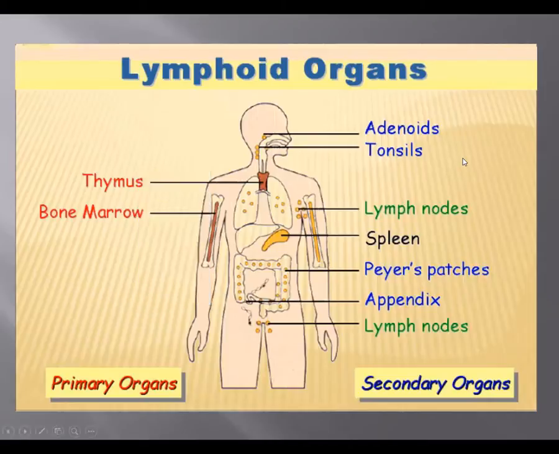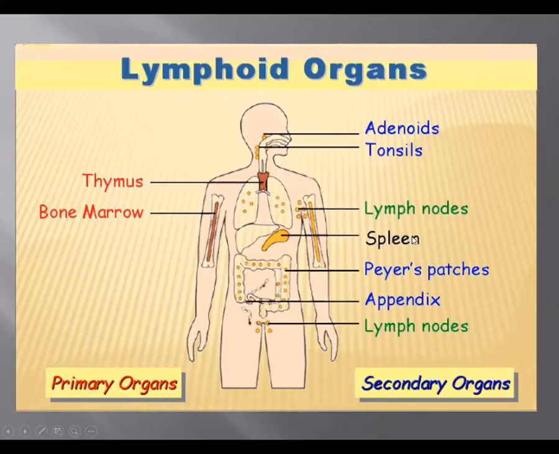Alright, the secondary lymphoid organs, this is where lymphocytes find and bind to antigens, and an adaptive immune response is started. And this is where specific lymphocytes are activated and produced. Okay, let's have a look at the spleen.